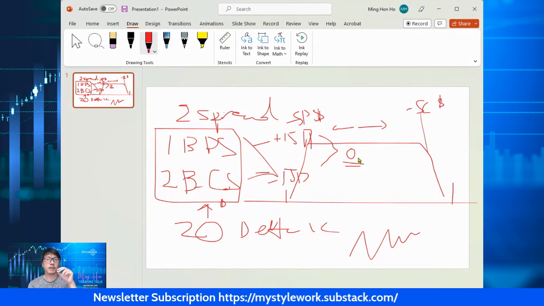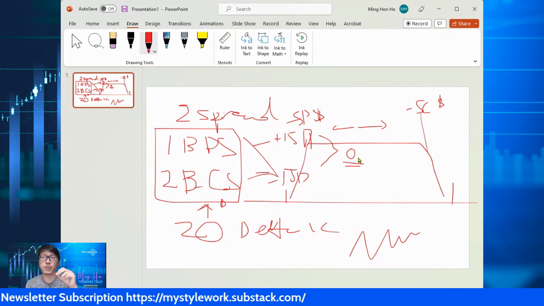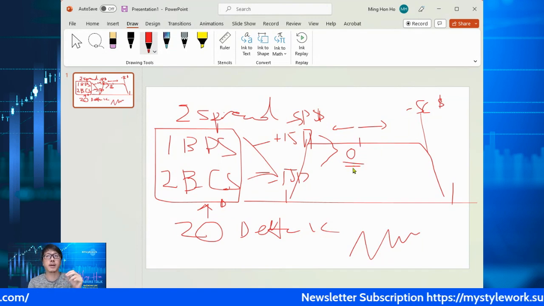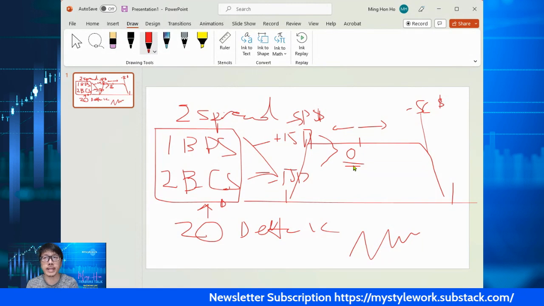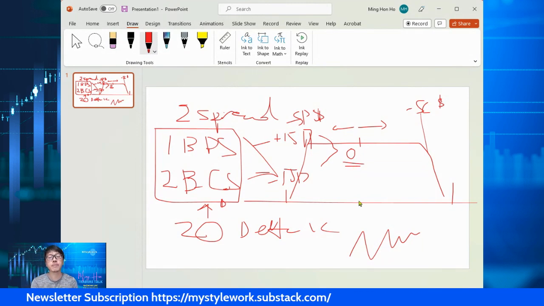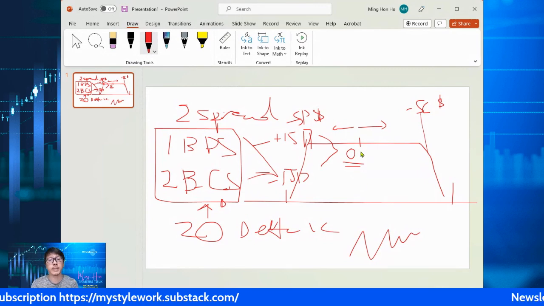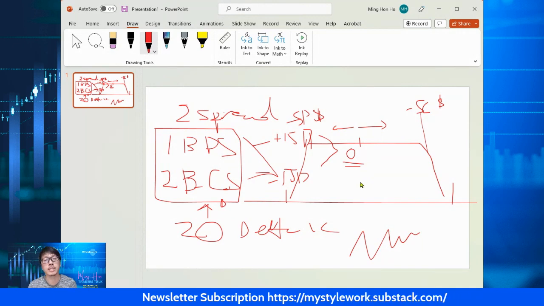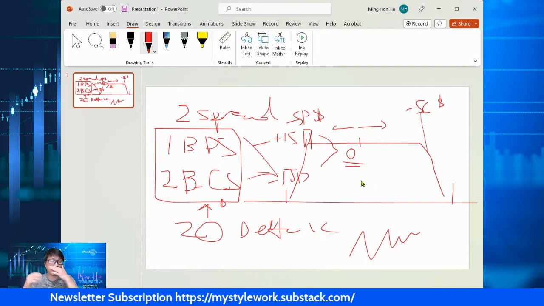So of course, the best scenario is for your delta to continue to be maintained small. When it is maintained small, then of course it is good for the trade. But when the delta changes to become bigger, then of course it is going to go against your trade.